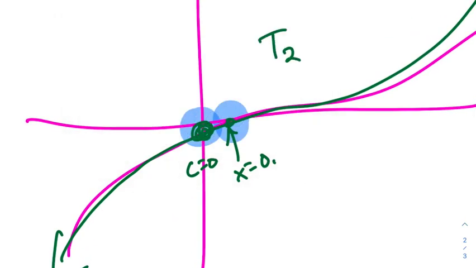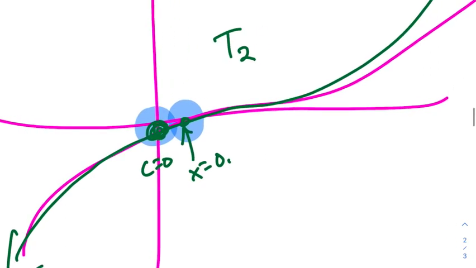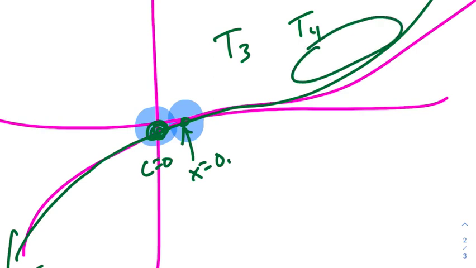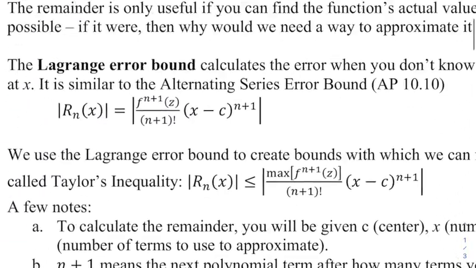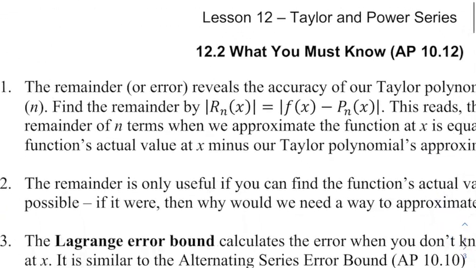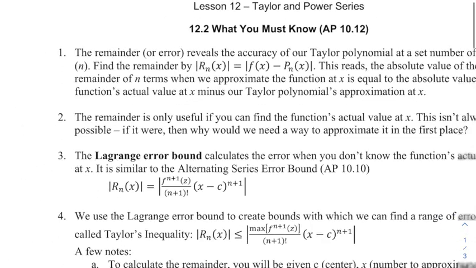So for instance, if I have a Taylor polynomial of third degree, which is what I have here in green, then I can use the fourth degree of that to calculate what the most my error might be. So let's work through this small set of what you must know and try to get this figured out.